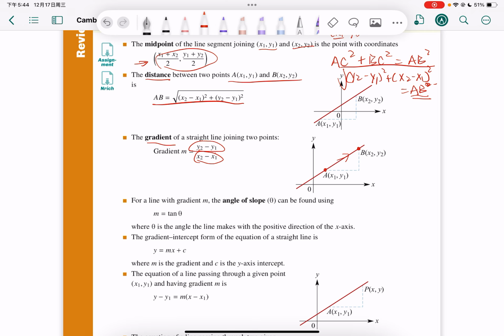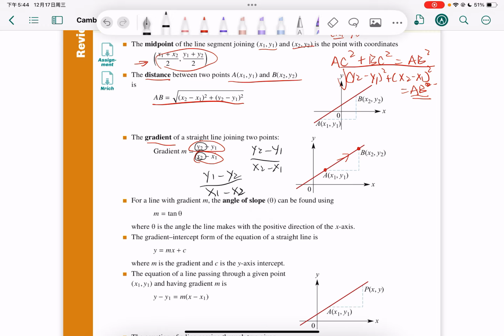It's very important to note the order of the points you're taking. If you use y2 minus y1, then on the denominator, you should also use x2 minus x1. On the other hand, you can also do y1 minus y2 and x1 minus x2.